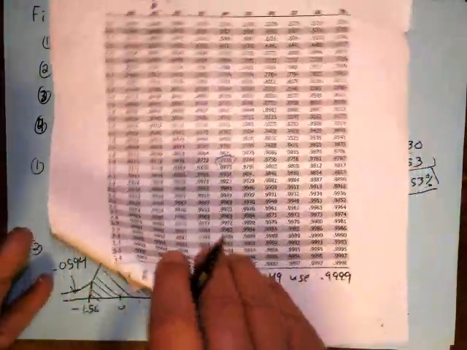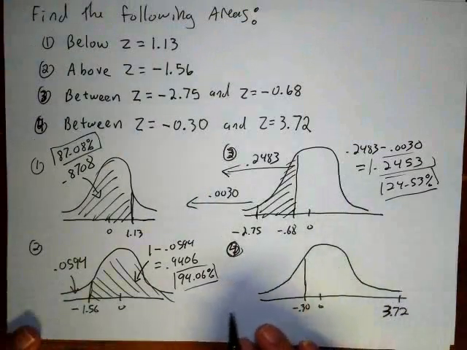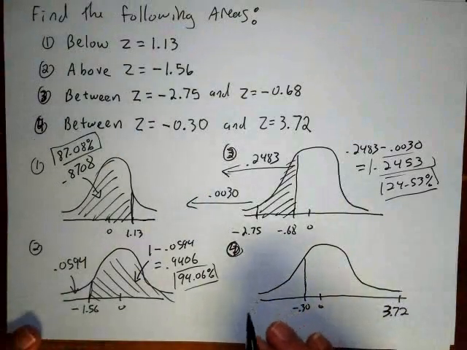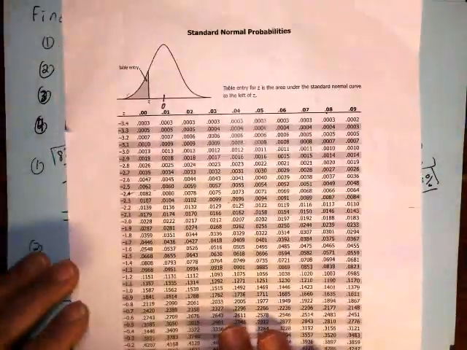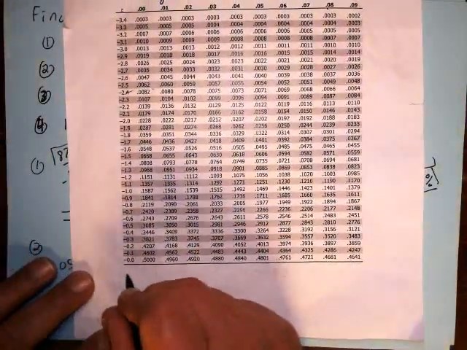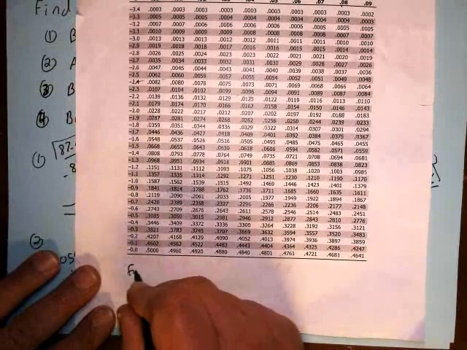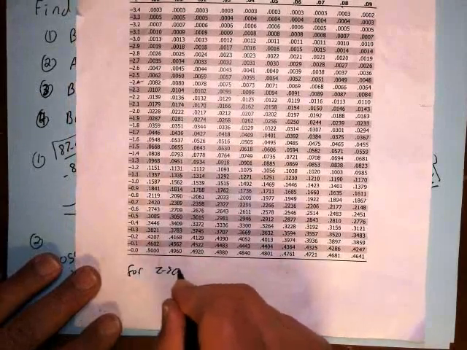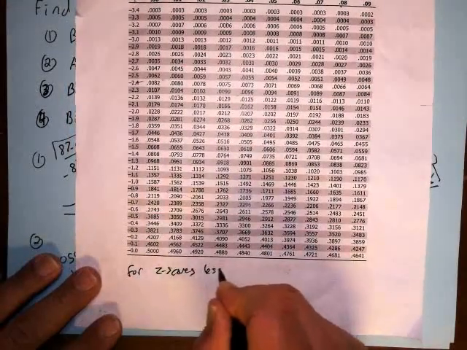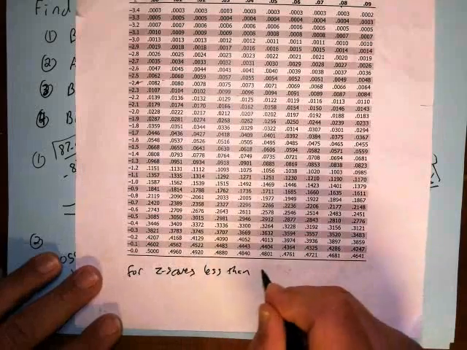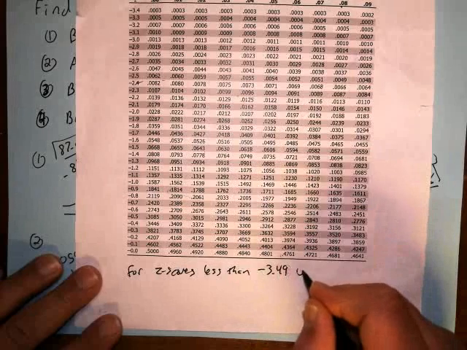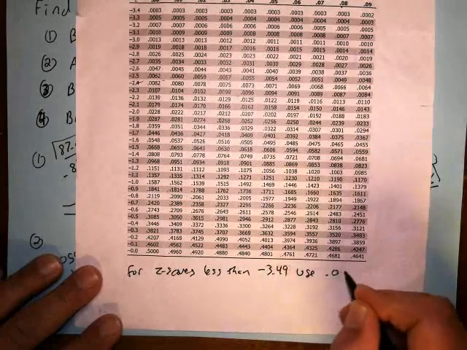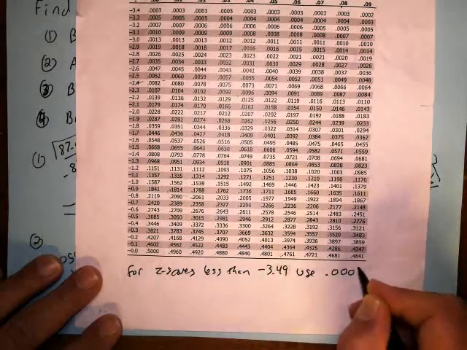Now, on the flip side, for something less than negative 3.49, that's just a little tiny bit of area. And so on the negative side here, you can write for z-scores less than negative 3.49, use 0.0001.